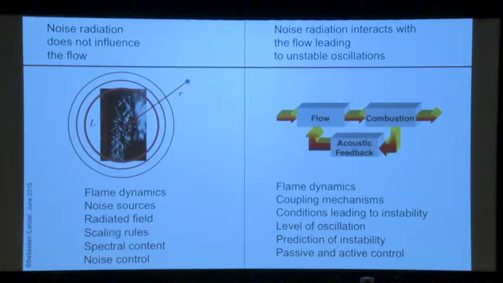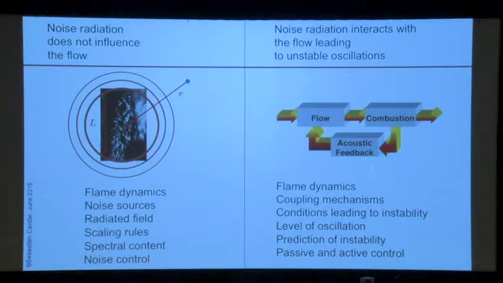You want to calculate the radiated field. Much of the engineering is about scaling. How does it scale with the size, with the velocity, with the fuel flow rate? How does the noise go? And what is the spectral content? Where is the main frequency of the radiation? And of course, you want to control noise.